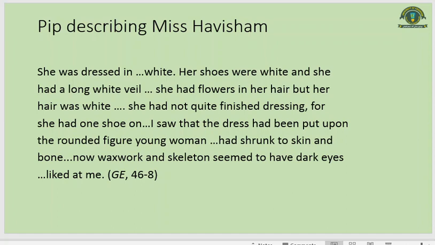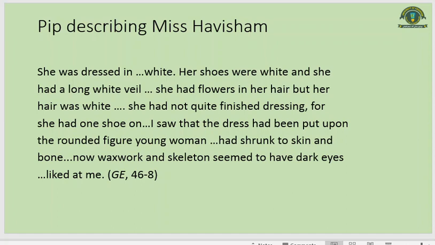She is not fully dressed up. She is in white, as you all know the Christian community uses a white dress at the time of marriage. So she is wearing a white dress, white shoes, and a white veil, like a bridal dress.